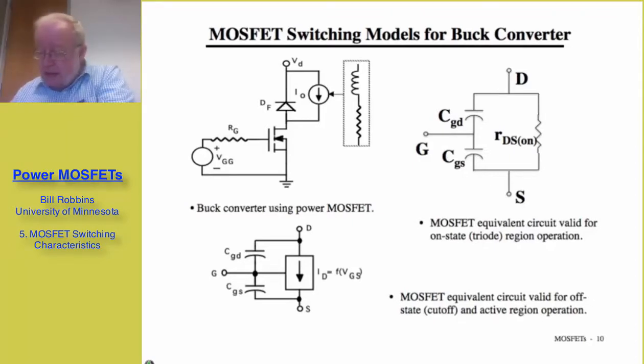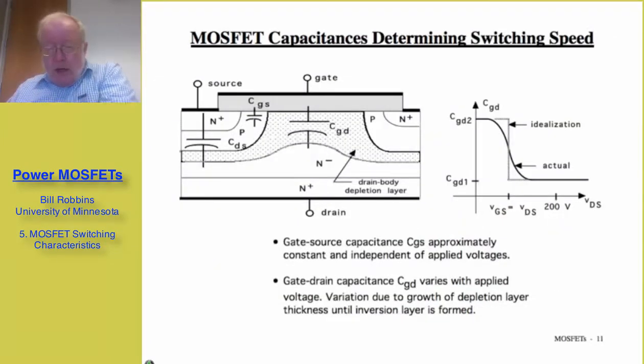Now these capacitances have different behavior depending on which capacitance you're talking about. The gate to source capacitance is basically the capacitance due to the gate oxide between the gate and the source and the gate and the adjacent body region, and that capacitance is pretty much independent of applied voltages.